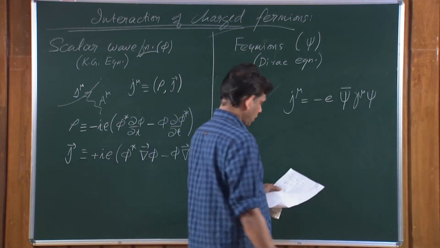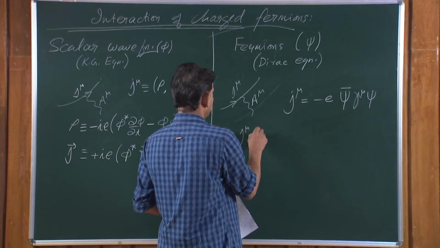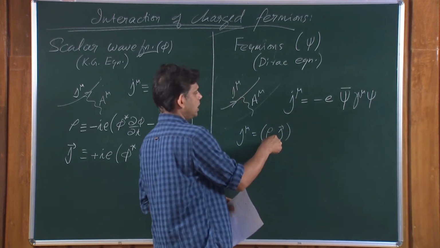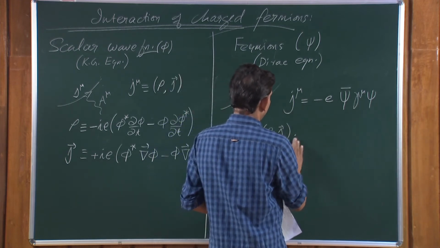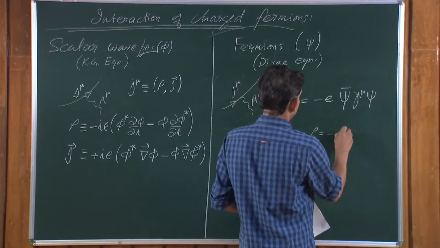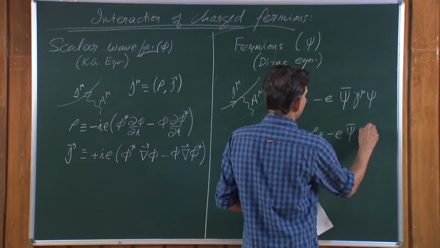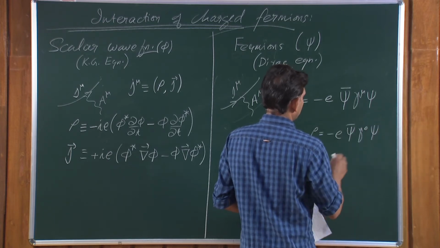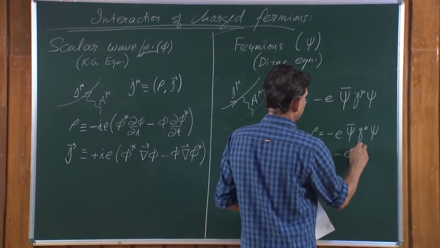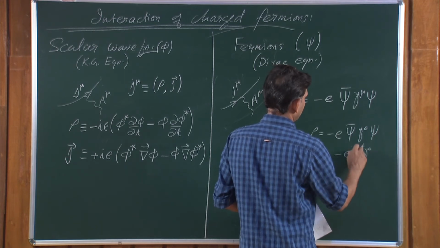Now, when we write it in terms of the charge density and current density, we have rho equal to minus E psi bar gamma 0 psi. Okay. This is nothing but minus E, psi bar itself is psi dagger gamma 0. Okay.